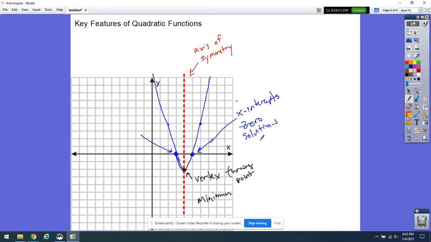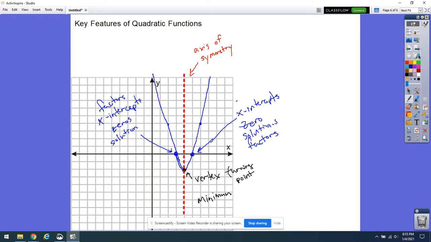Sometimes they can even be called factors. So in other words, all of this is basically the same thing. So this is my other x-intercept. I happen to have two for this one. Zeros, solutions, and again the other one, factors.